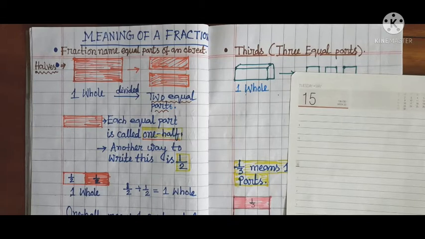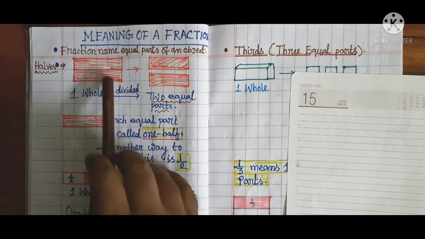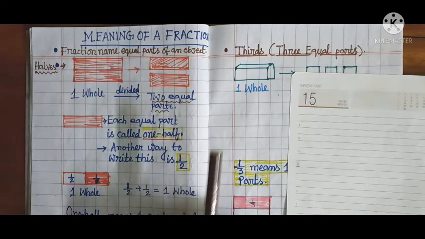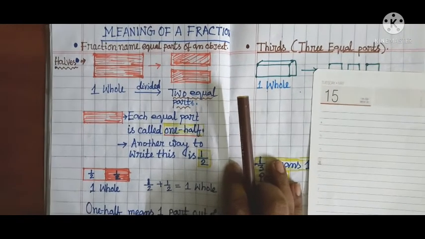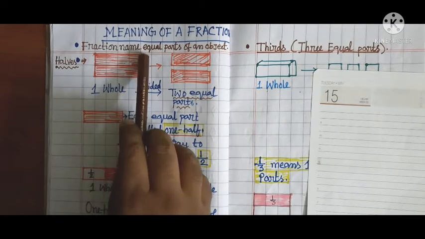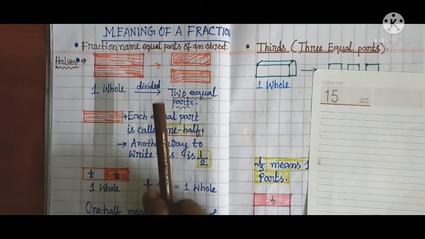Okay students, let's start. At first we will learn the meaning of a fraction. A fraction names equal parts of an object. Let us suppose your mother has bought a chocolate for you and your brother.